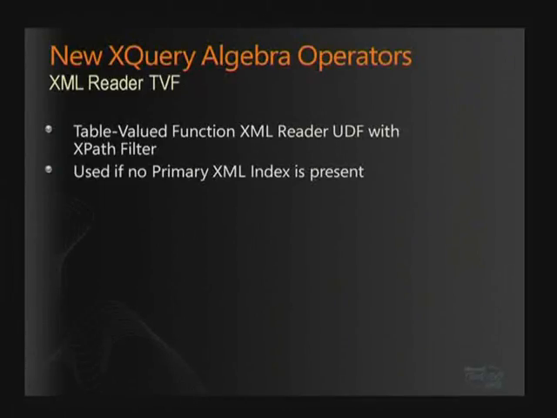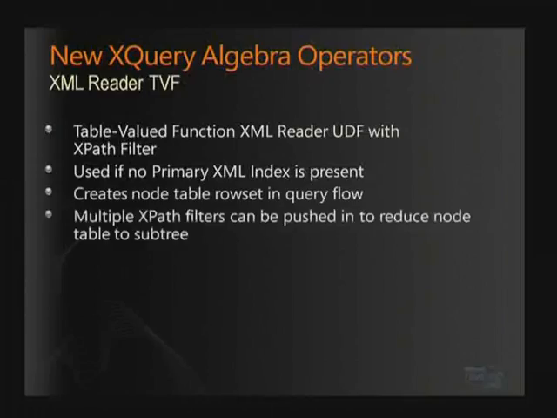It's used when there is no XML index present, or it's used to create the XML index. It actually allows us to push XPath expressions in. So if I have certain XPath expressions, I might only produce a subset of the node table that is relevant for the XPath that we pushed in. Multiple XPath filters can be pushed in to reduce the node table to a subtree, which is an optimization.